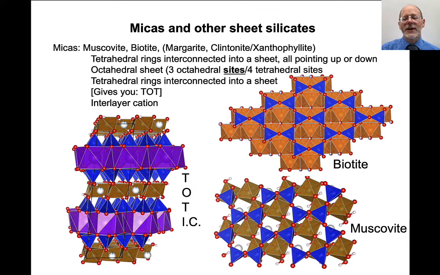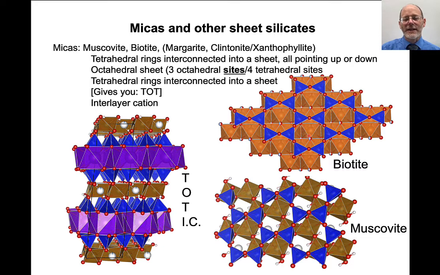But remember that aluminum, which is what occupies the octahedra in muscovite, has a charge of +3, whereas biotite has iron and magnesium in the octahedral sheet, which has a charge of +2. And so what that means is that 1/3 of the octahedra in muscovite actually are empty. They have a vacancy to them. And so this gives rise to something that we call trioctahedral sheet silicates.